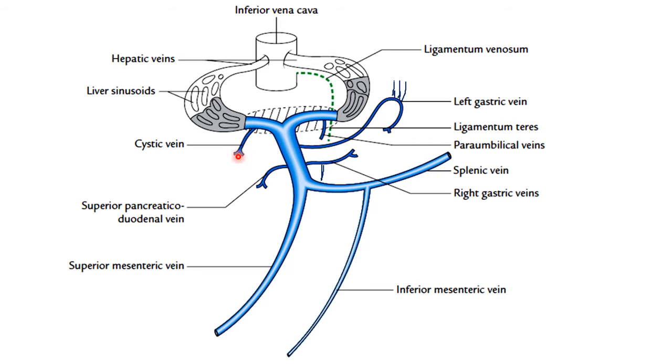The cystic vein joins the right branch of the portal vein before it enters the right lobe of the liver. The para-umbilical veins, along with the ligamentum teres, run in the falciform ligament and join the left branch of the portal vein before it enters the left lobe of the liver.